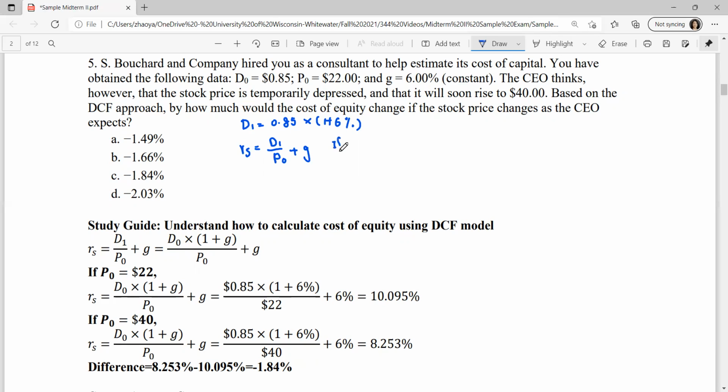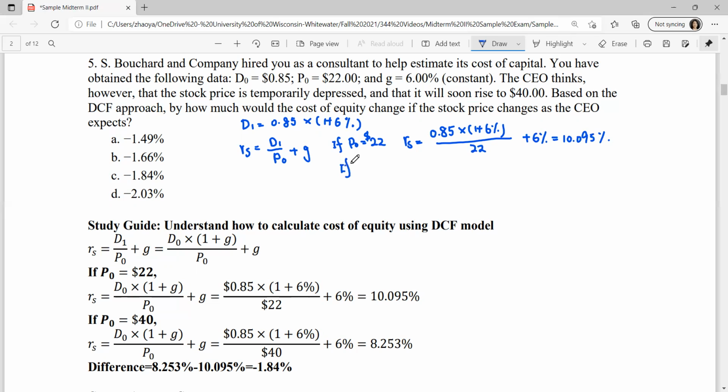If P0 equals 22, as we found now, RS equals D1, which is 0.85 times 1 plus 6%, divided by $22, plus 6%. This equals 10.095%.